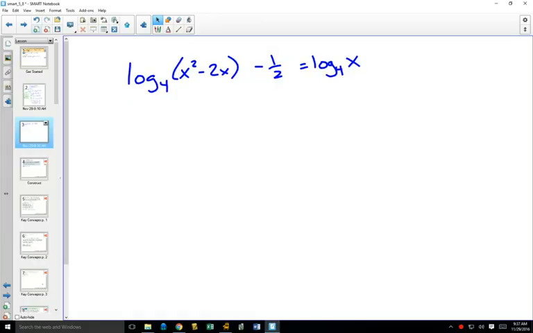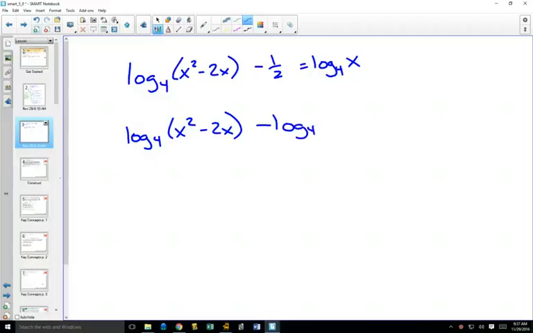So our first decision here, if we want to combine these as a single logarithm, is we need to put our logs on the same side. This is the first place that I saw some different answers. I would prefer to put the log base 4 of x on the left side and the 1/2 on the right side, because that makes this a positive number.